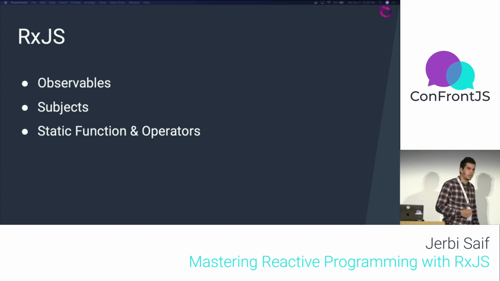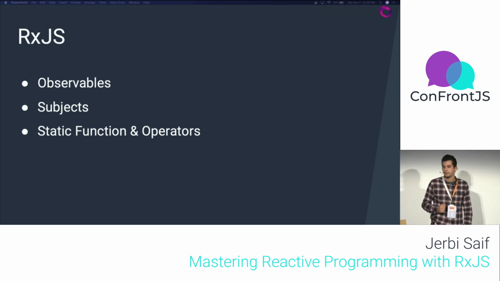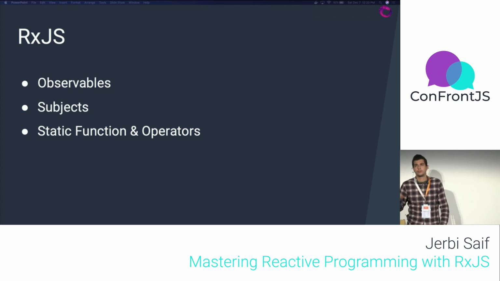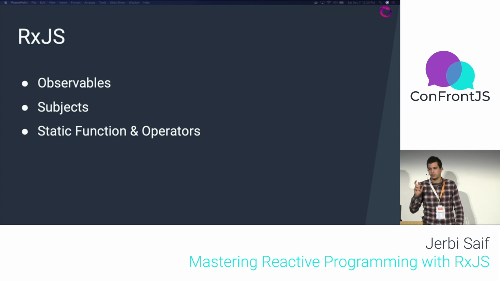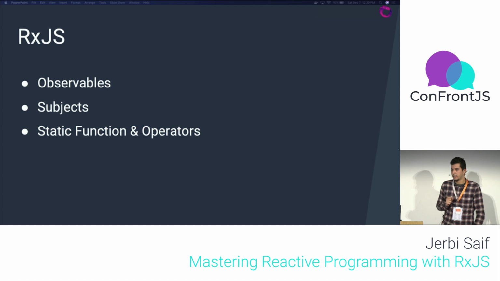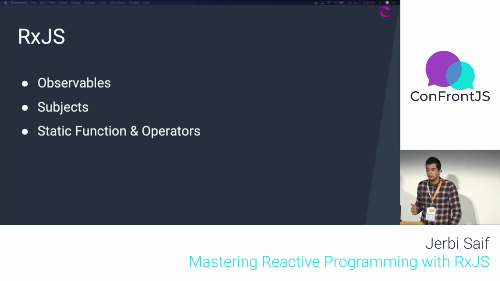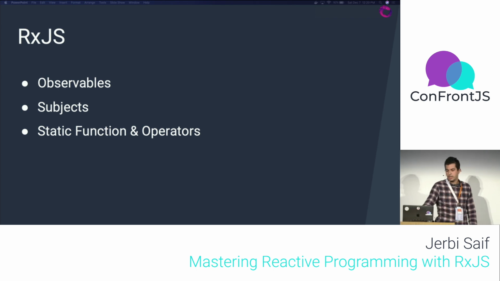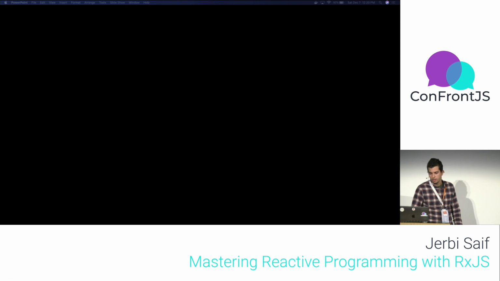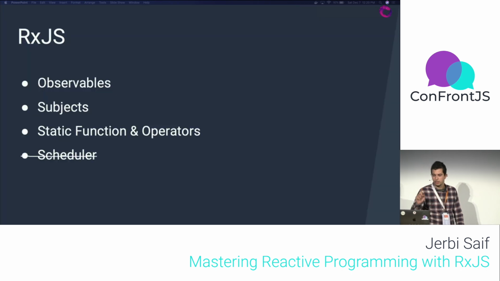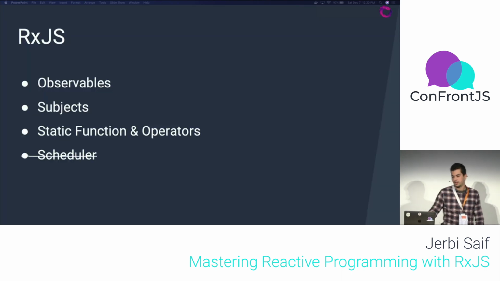In this talk I will focus only on RxJS. The main principles of Rx are observables, subjects, static functions, and operators. We also find schedulers, but in this talk I will not talk about schedulers.